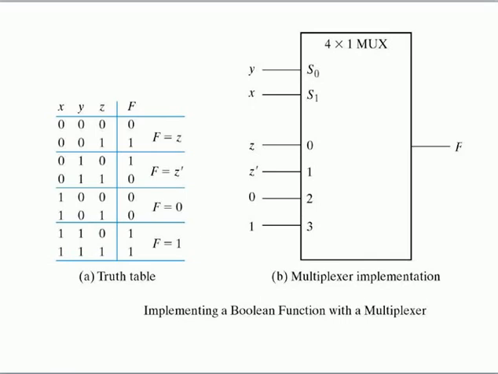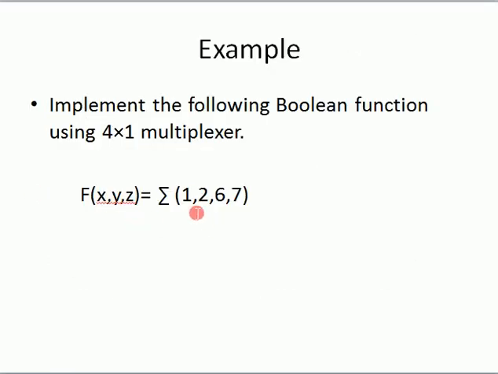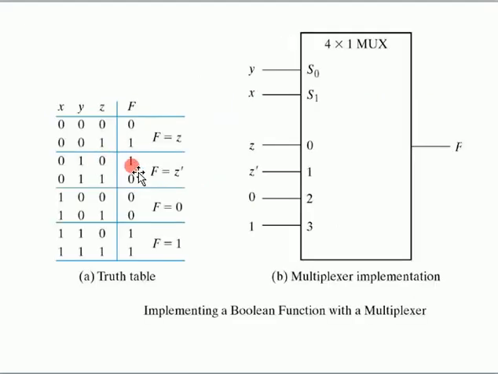As we have the minterms 1, 2, 6 and 7, those will be 1 and the remaining will be 0. This is M0, this is M1, it is 1, M2 is 1, M3 is 0, M4 is 0, M5 is 0, M6 and M7 are 1.